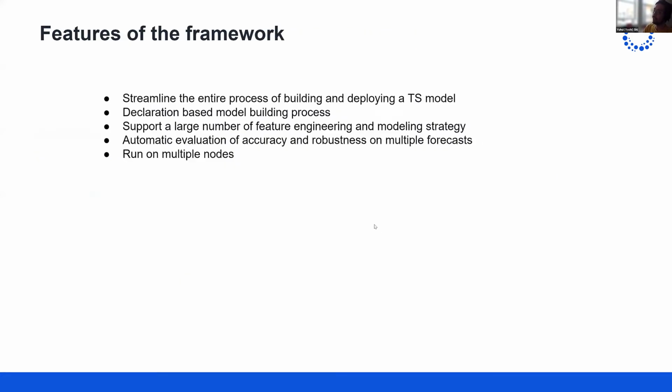So this is for the evaluation. And also we designed this framework to allow distributed execution, running this entire process on different containers on a Kubernetes cluster to speed up the entire process. So these are some of the high-level features of our framework.